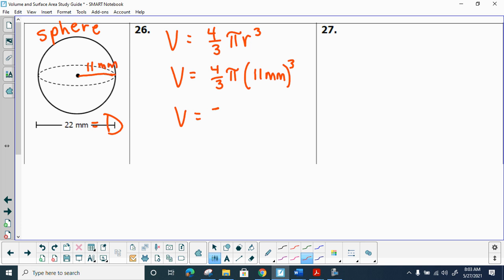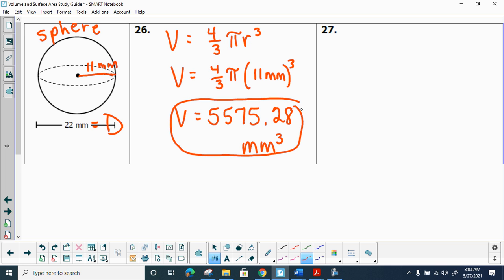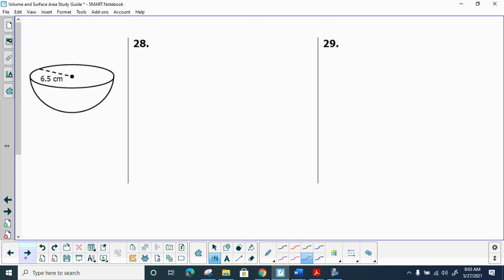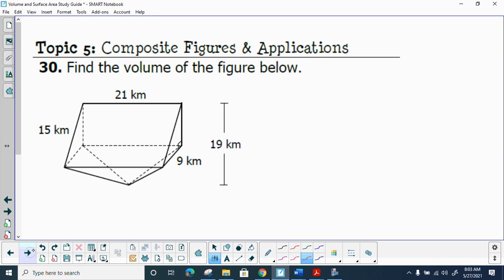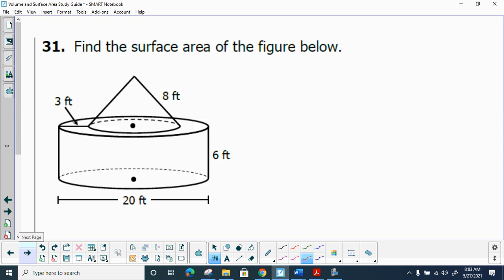We get approximately 5,575.28 cubic millimeters for the volume. And I believe that's all that we're going to do for right now on this one.